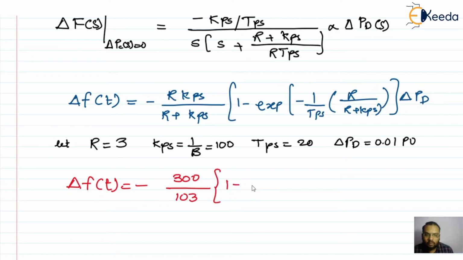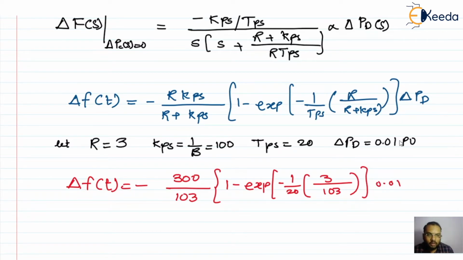Okay, this is 1 minus exponential minus 1 by 20 in the bracket 3 divided by 103. Okay, and this is 0.01. See why I'm taking it in per unit value, because this Kps, that B constant, we calculate it on per unit value.